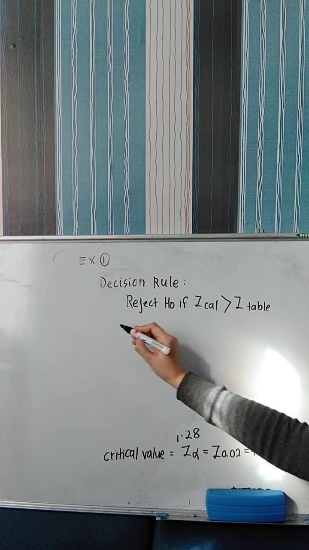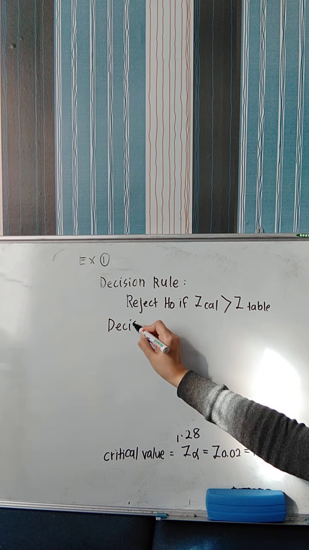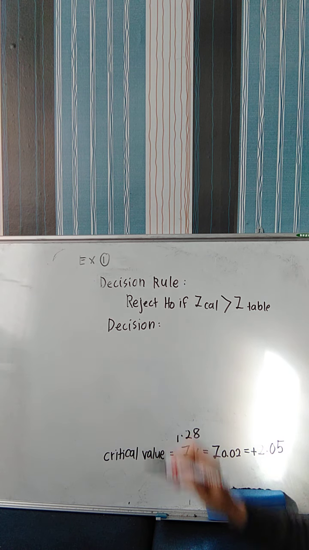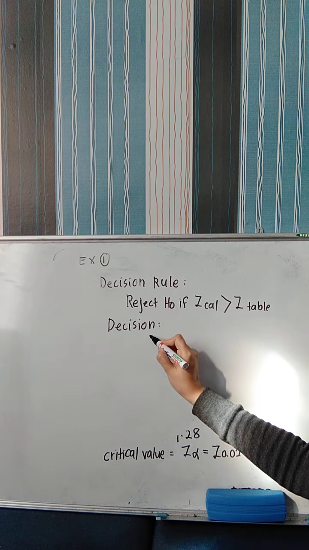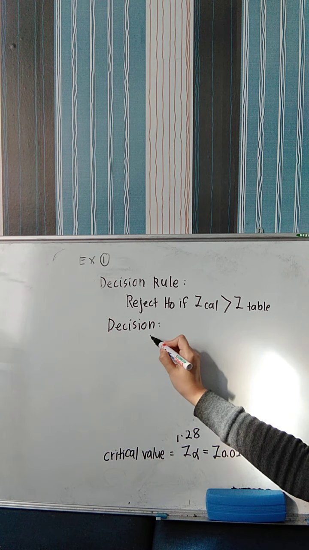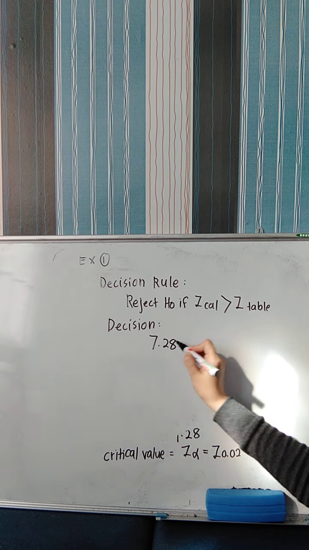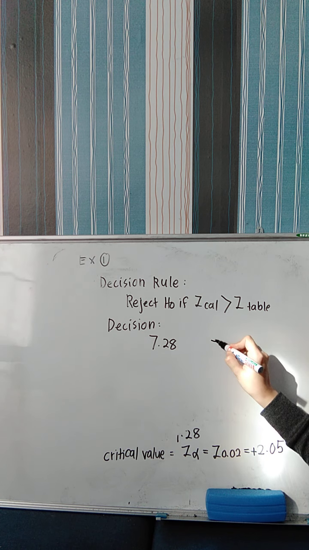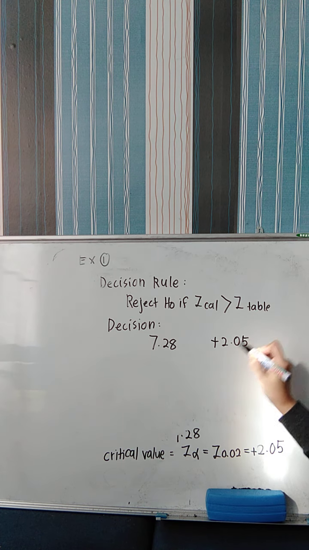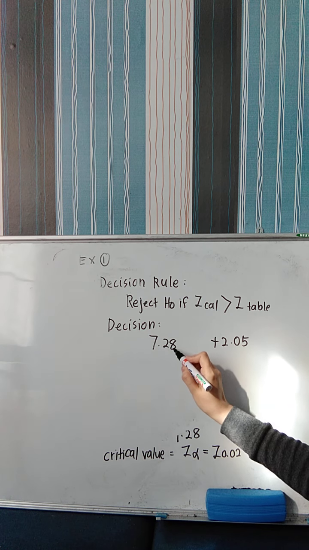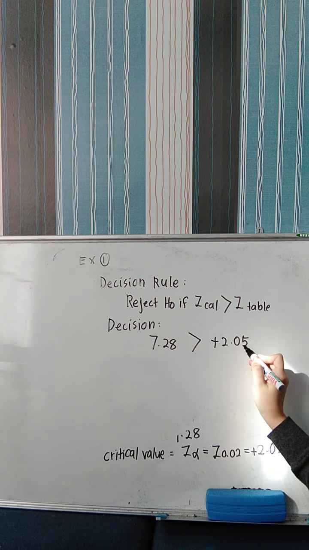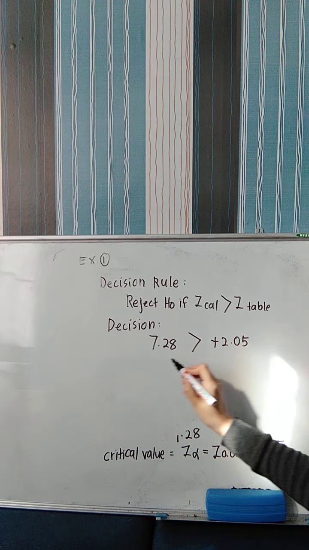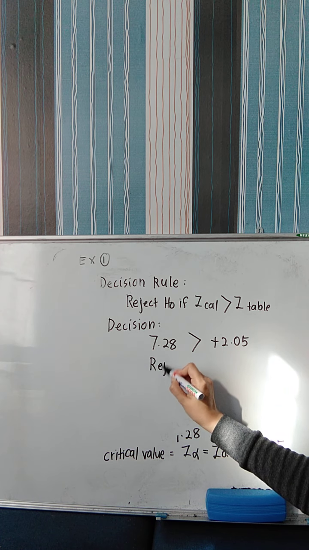Then after the decision rule, you write the decision. Decision means you compare the value of the test statistic and the critical value. The Z calculate is 7.28 and the critical value is positive 2.05. So 7.28 is more than 2.05. Reject if more than, so the decision here is you reject H null.